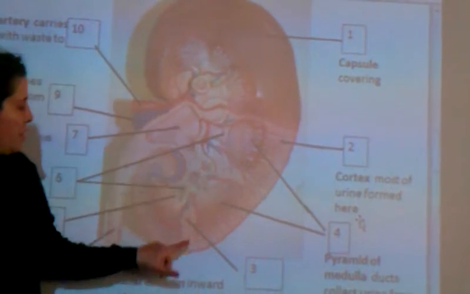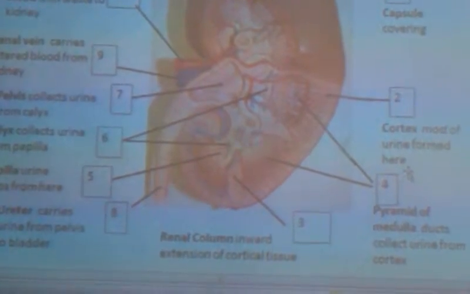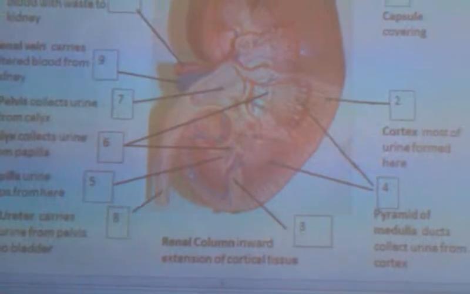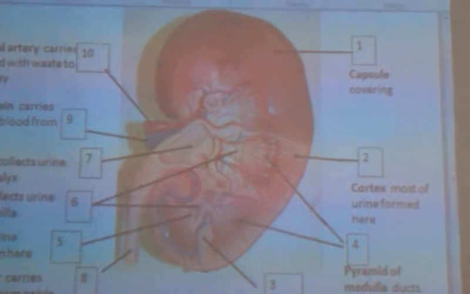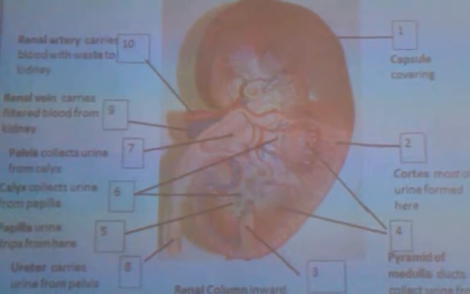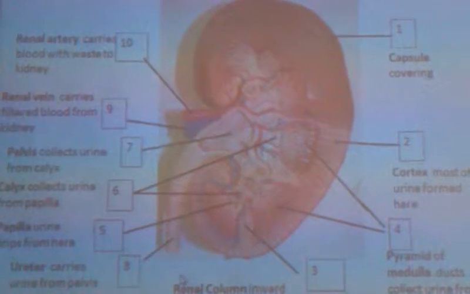And the part where it goes down in between the pyramids is called a renal column. Okay? All right. But the important structures are going to be in the medulla so far in this model, renal pyramid, papilla, renal calyces, renal pelvis, and ureter.